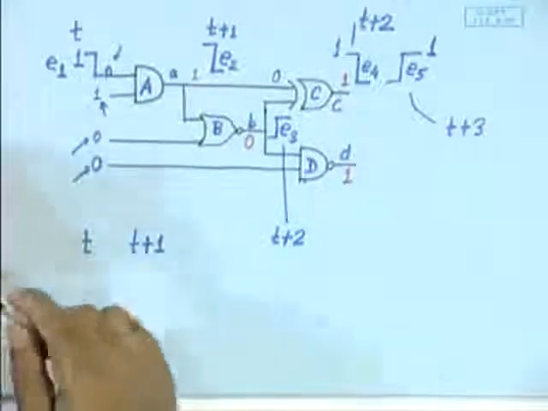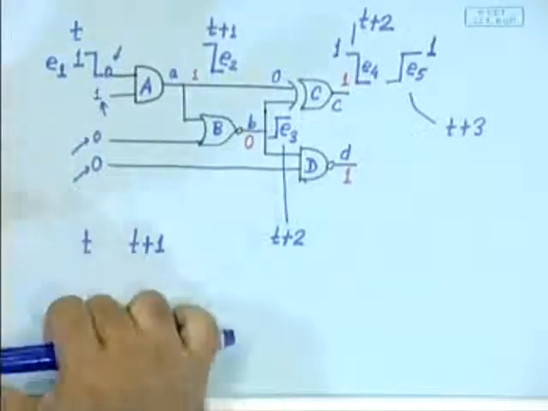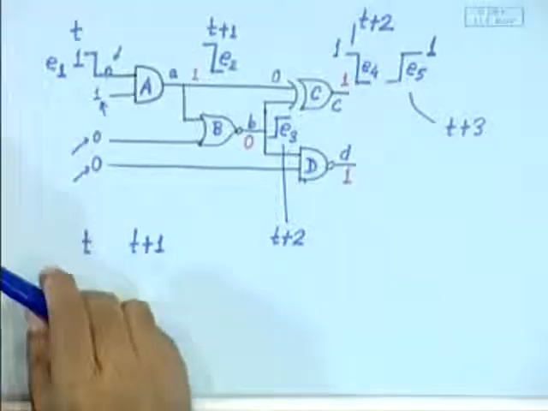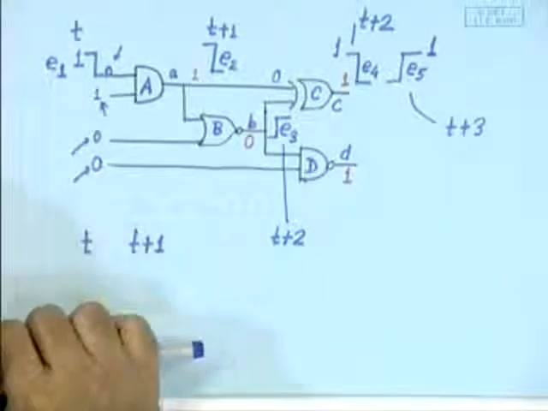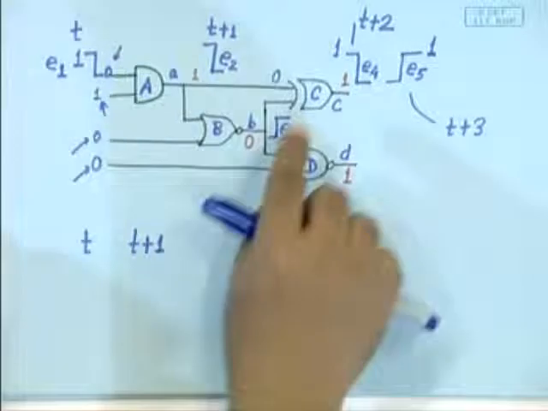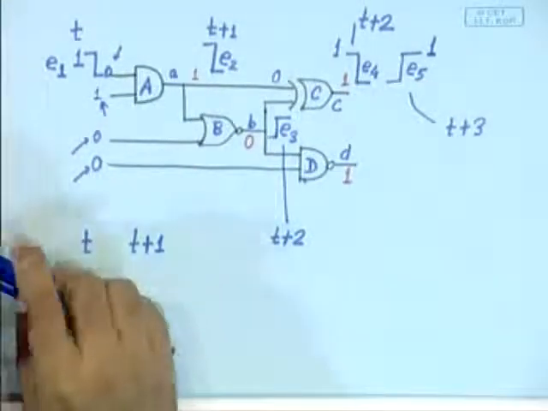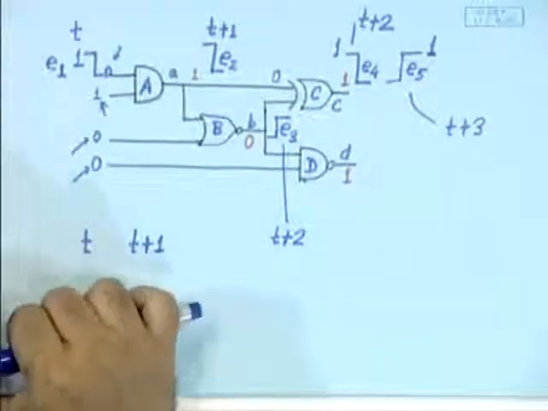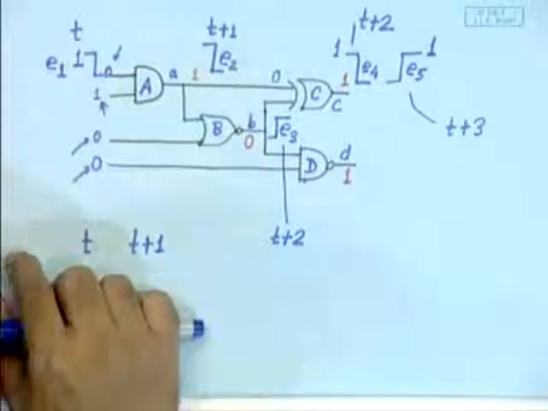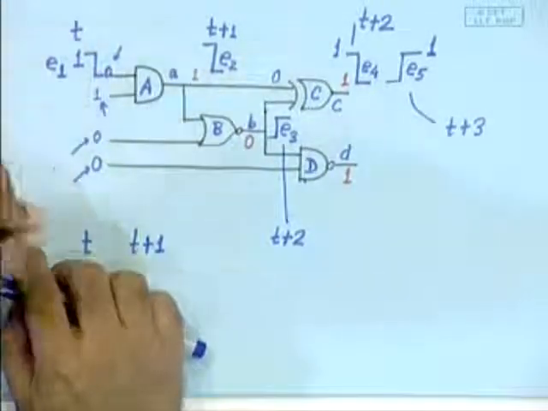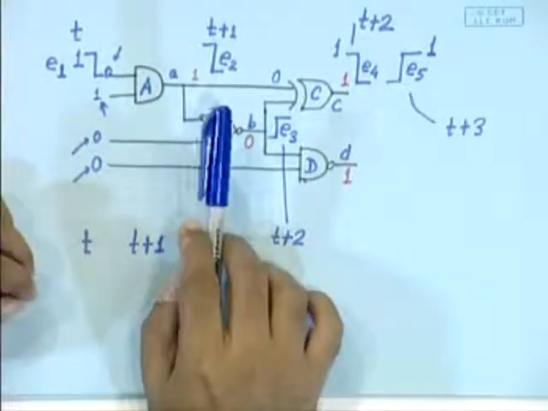Now, if you are doing some kind of analysis like power, for example, you want to see how much transition power is getting consumed. So every transition, every glitch like this is going to eat up some amount of power. So if you want to do that kind of estimation, you will need the event driven simulation, so that you are able to see all the intermediate events.